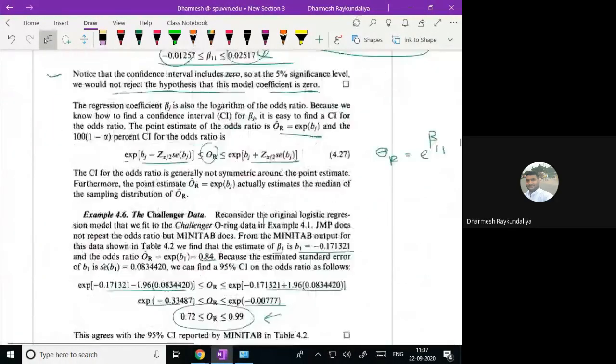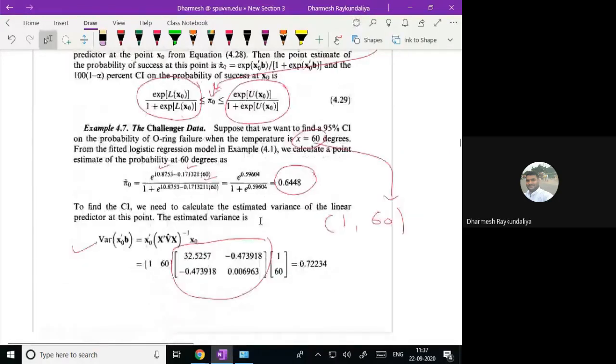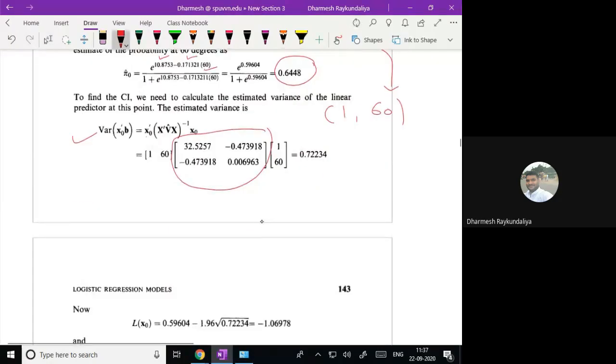So that is written over here. And this is x0 dash, variance of b, and x0. So you will calculate it because it is 1 cross 2, this is 2 cross 2 and this is 2 cross 1.